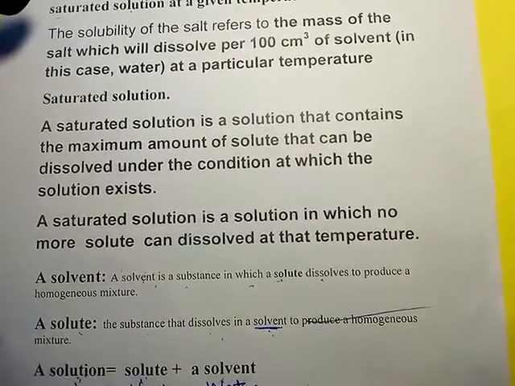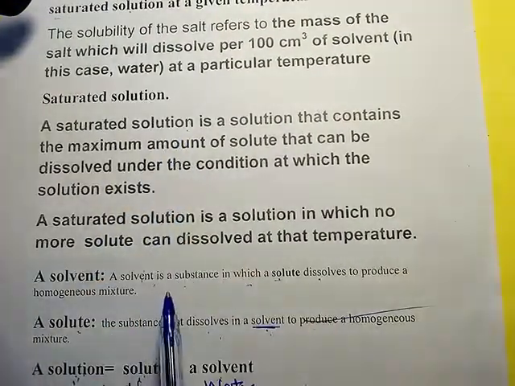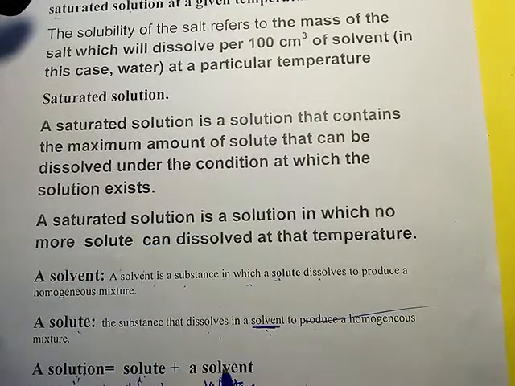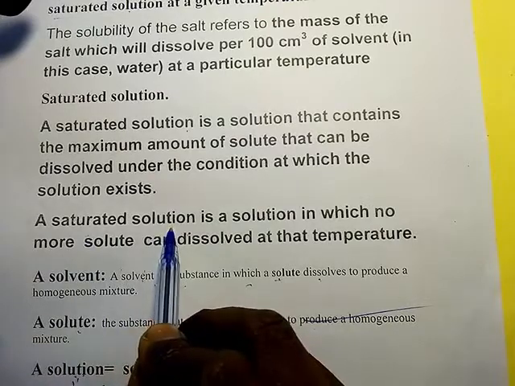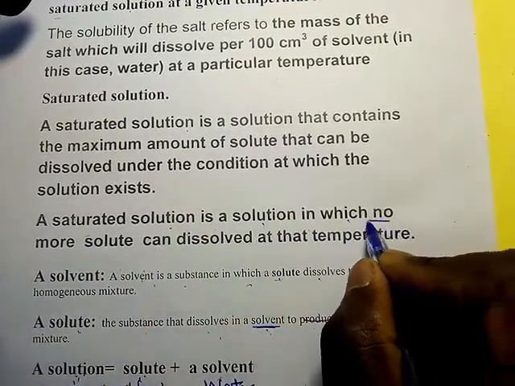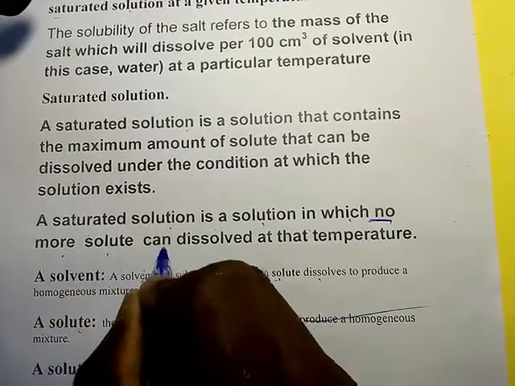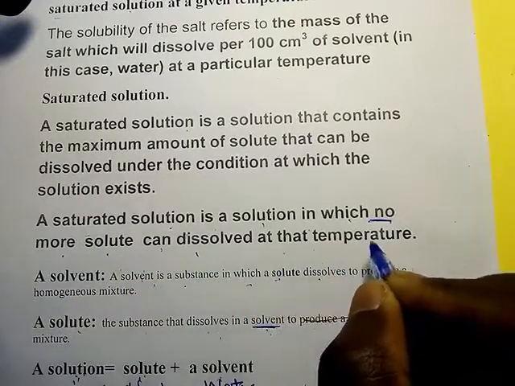Another word I want you to get is a saturated solution. What is a saturated solution? A saturated solution is a solution in which no more solute can dissolve at that temperature.